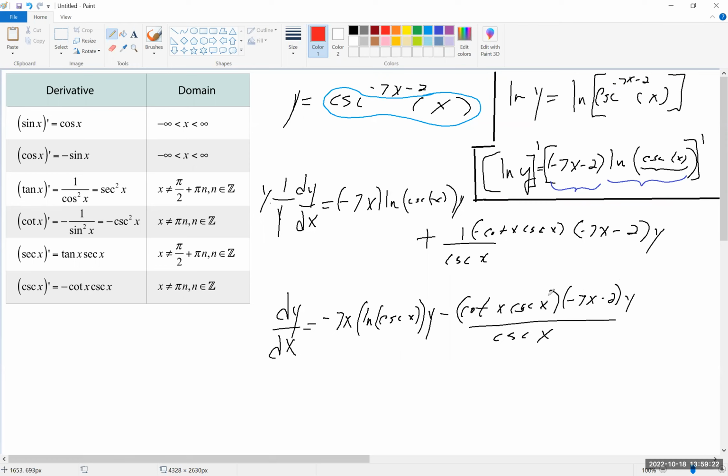And now we try to see if there's any quick simplification.